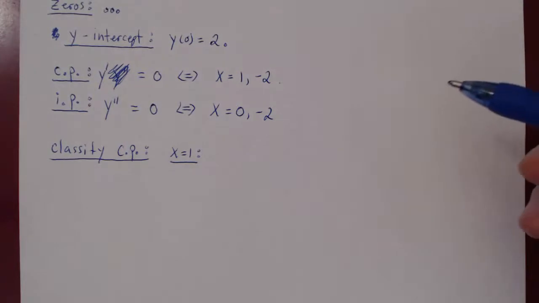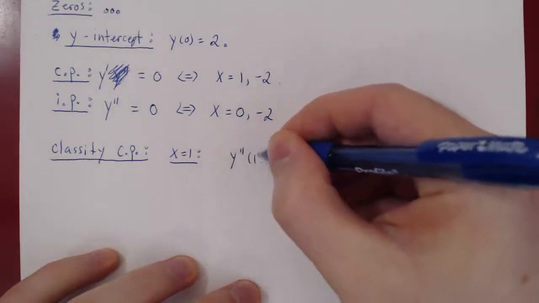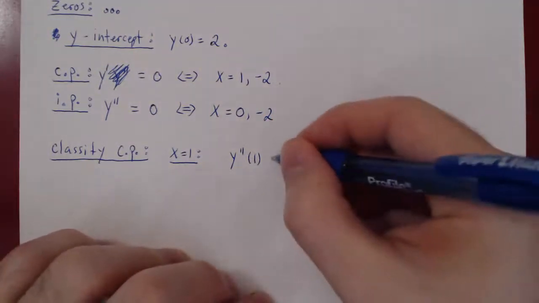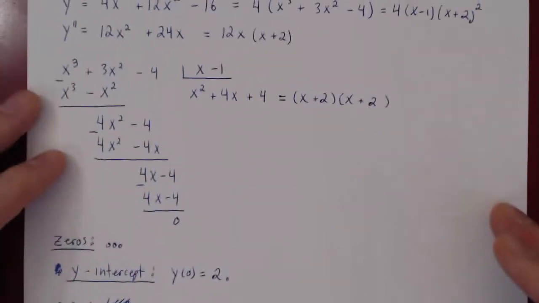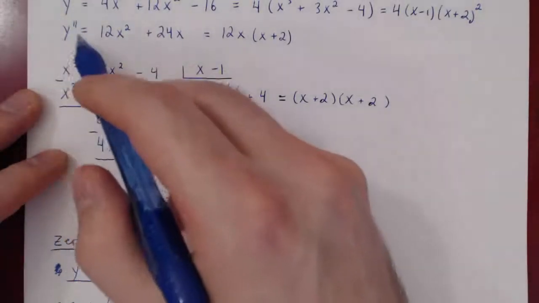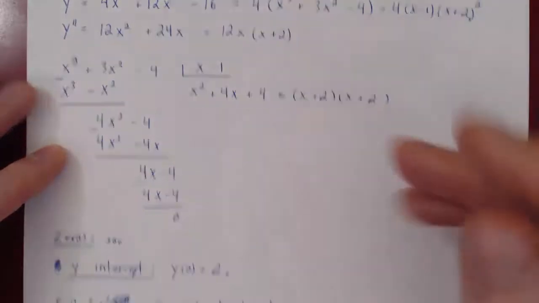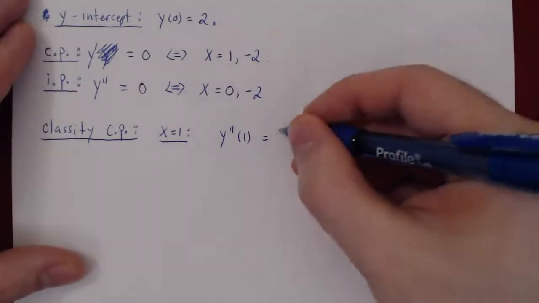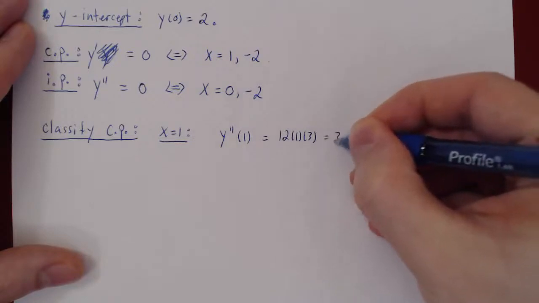To see if we have a local max or min, we consider the second derivative at x equals 1. And again, we don't care so much for the value as much as the sign of the second derivative. So here's the second derivative. If we plug in x equals 1, we get 12 times 1 times 3, which happens to be 36.